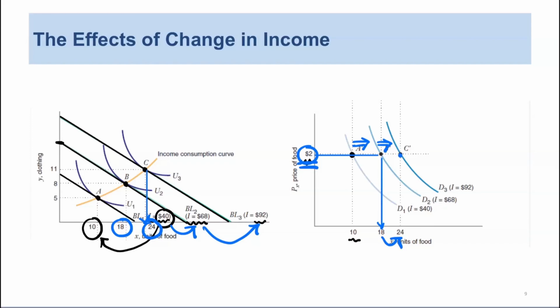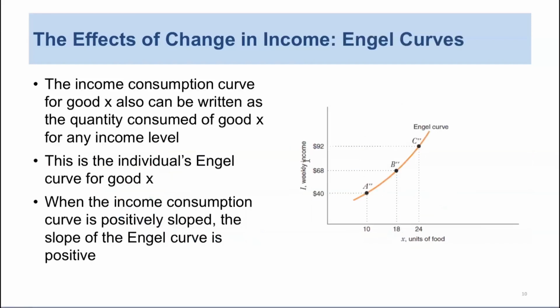We can look at exactly the same thing in a different way. Instead of using Px as the y-axis, let's use I. In that case, we increased income from 40 to 68, 68 to 92.